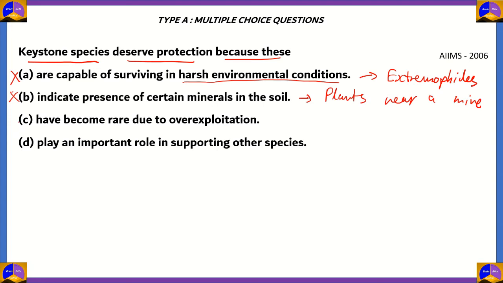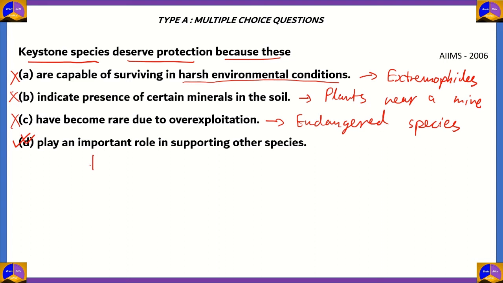Option C, have become rare due to overexploitation, is also incorrect. This definition stands for endangered species. So therefore the final option is the correct one. Keystone species deserve protection because these play an important role in supporting other species.